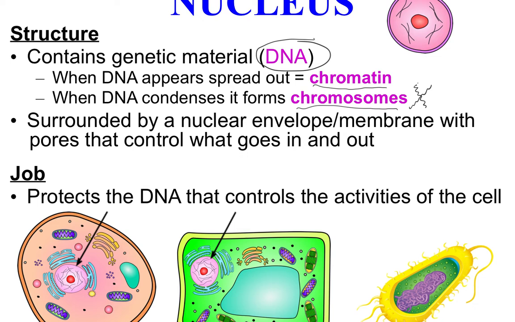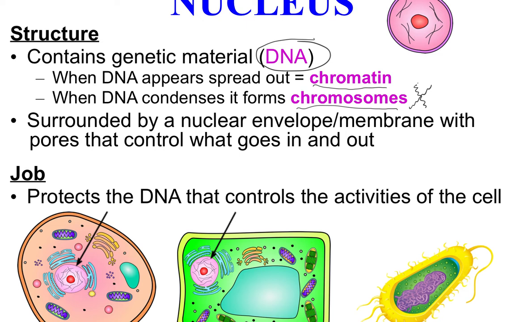The nucleus is a structure that is surrounded by a nuclear envelope, also called a nuclear membrane in some textbooks, and it has pores in it. Those pores control what can go in and out of the nucleus. Its job is to protect the DNA, and the DNA controls the activity of the cell.